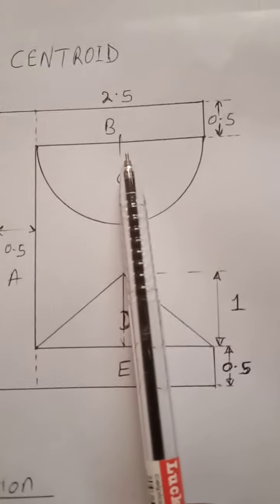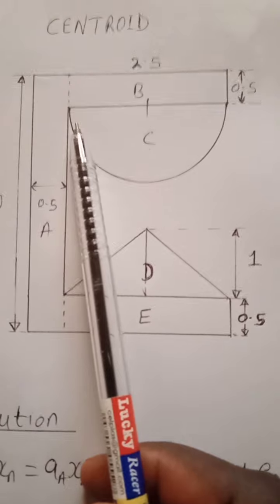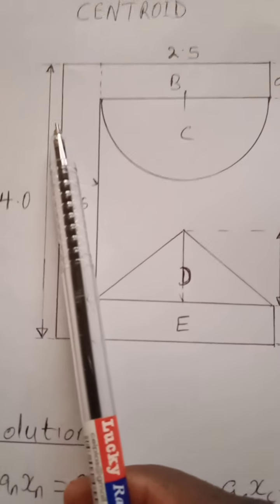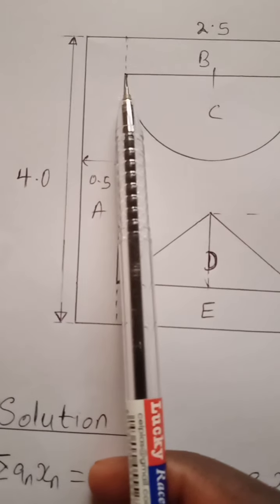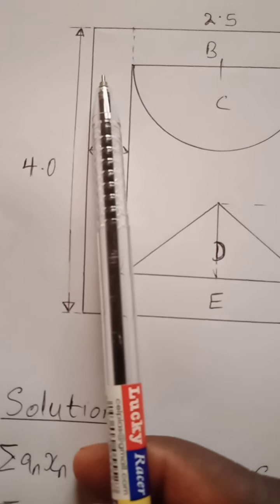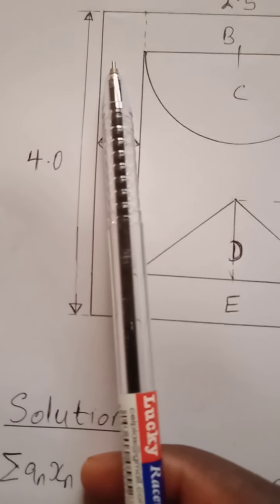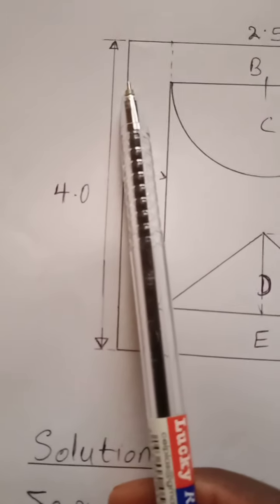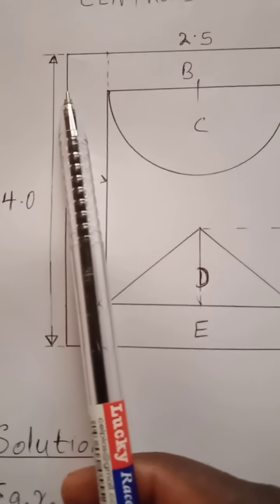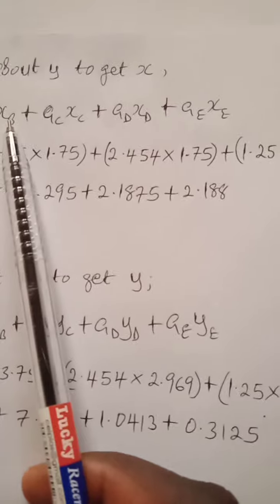You have to be very careful when you are calculating it. Here to this place is 1.25, but we are coming here, meaning here to here is 1.25 plus 0.5. That is 1.75. So here to the y-axis is 1.75. That means we are going to use our area, which is 1.25, to multiply by 1.75 to get the moment for shape B.